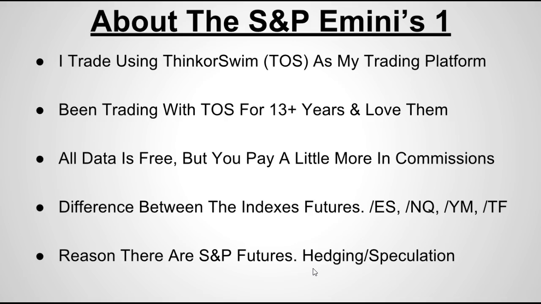So if the market falls, you're making money with the E-mini futures. Well, more than likely you're going to be losing money on your stocks, right? And then when you think the market's done going down, you can always buy back those futures. And then hopefully the market goes back up, your stocks go back up to where they were.